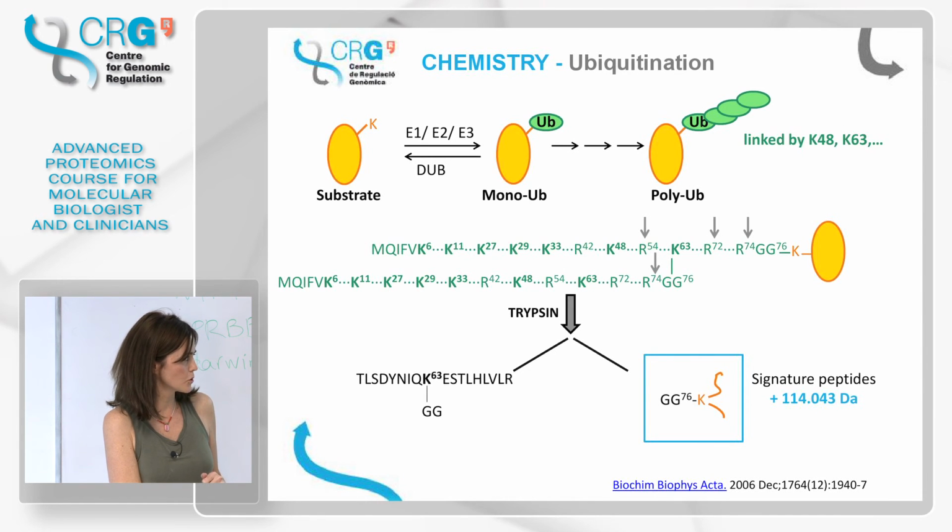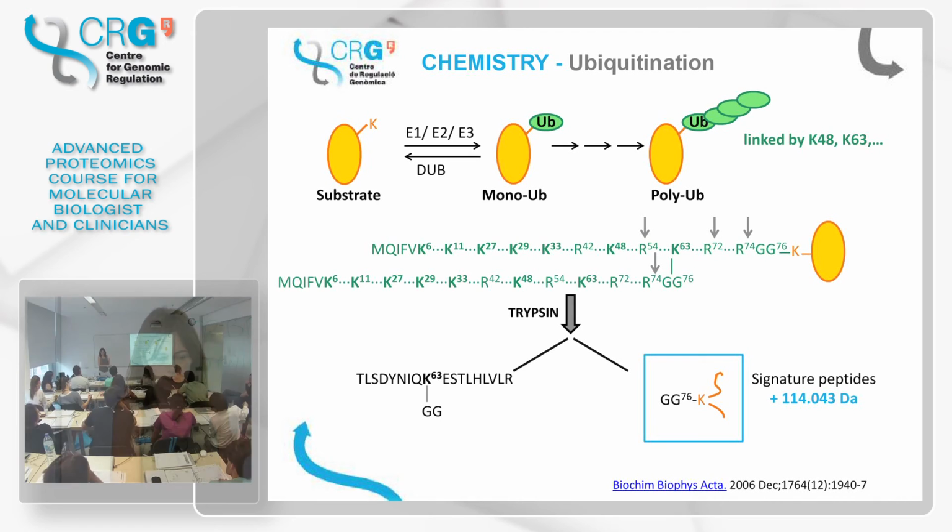And this is just to illustrate that once we have this and we add the trypsin, it is going to cut after arginines and lysines, and therefore we end up with our peptide that was in our substrate attached to 2 glycines, because it's going to cut after this arginine. Therefore, our signature peptide that tells us that this protein was ubiquitinated is this 114 that corresponds to this GlyGly.